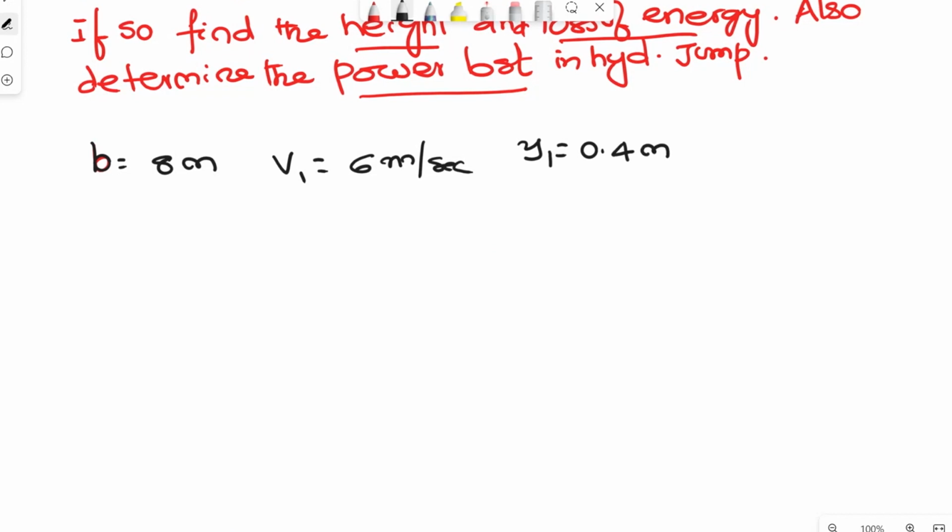So now, how to know whether a jump will form or not, whether a jump will occur? How to know it?